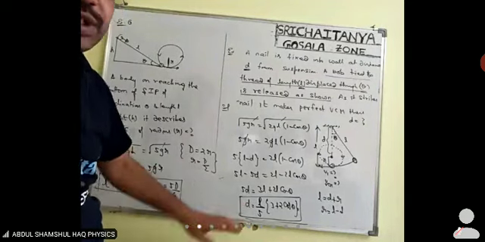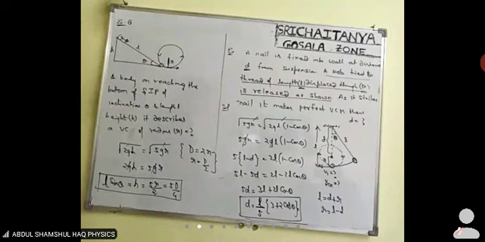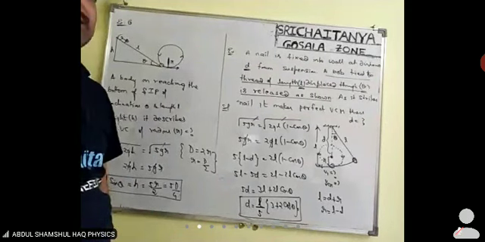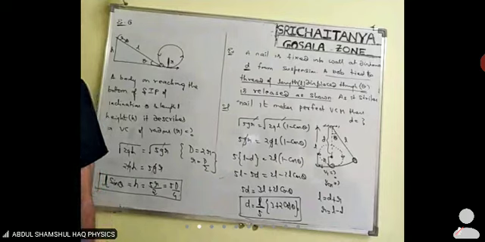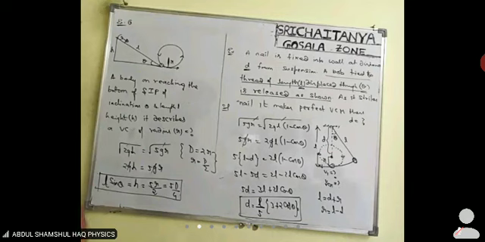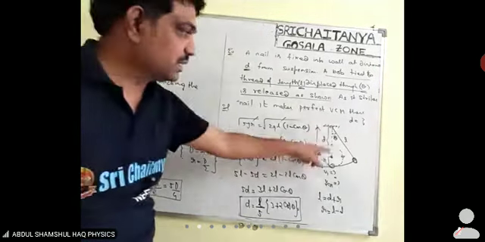Tell me students, what is small d here? In the question, what is small d? Yes, distance between the nail and the suspension point. Very good.